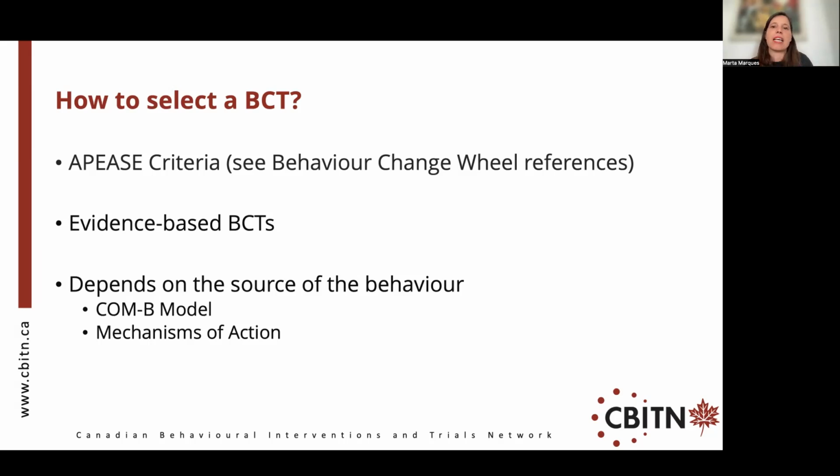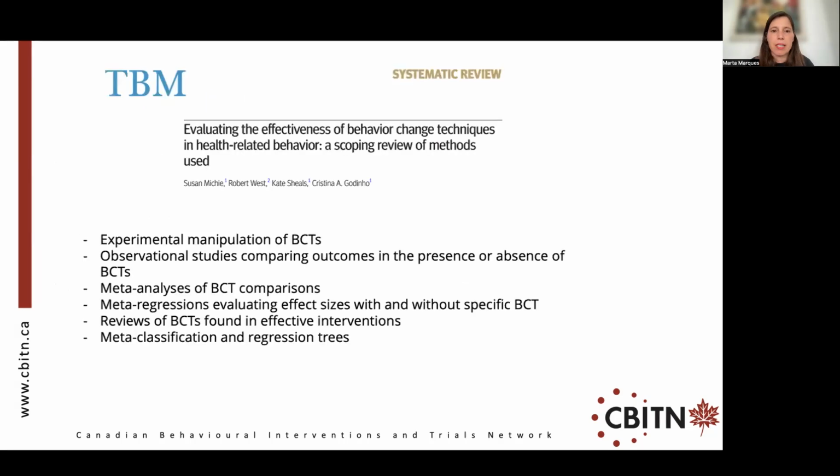So it is a way of assessing if that technique and intervention are the best to be implemented within that package of your intervention, using evidence-based behavior change techniques, as I said before, and also it will depend on the source of the behavior. So the COM-B model, or more broadly, the different barriers and facilitators and mechanisms of action.